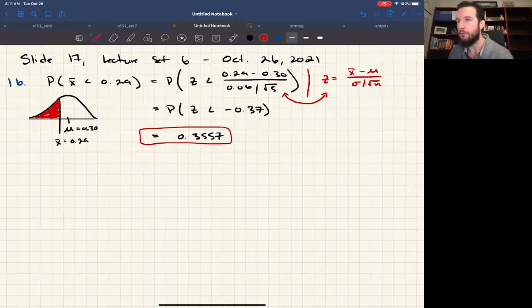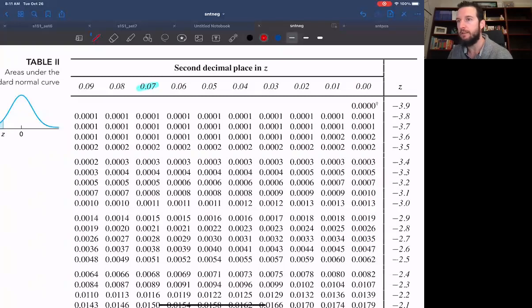So negative 0.37 is a Z score, which means that it is a value that sits in the axes of the table. The probabilities are always the value that sit inside the table. So if you have a probability or an area under the curve, those are the same thing in this context, then you start inside the table and go out to the axes. If you are looking for a probability, then you start on the axes and go inside the table. That makes sense?